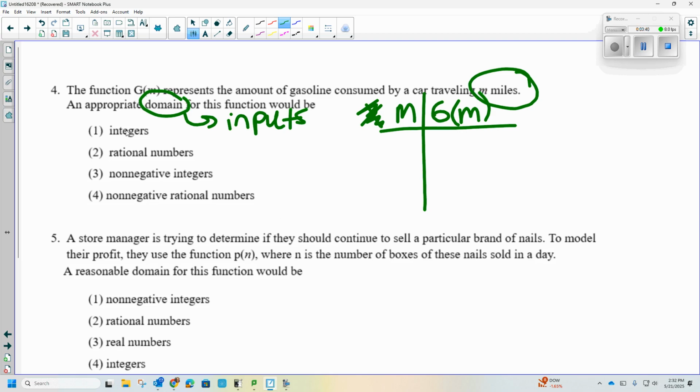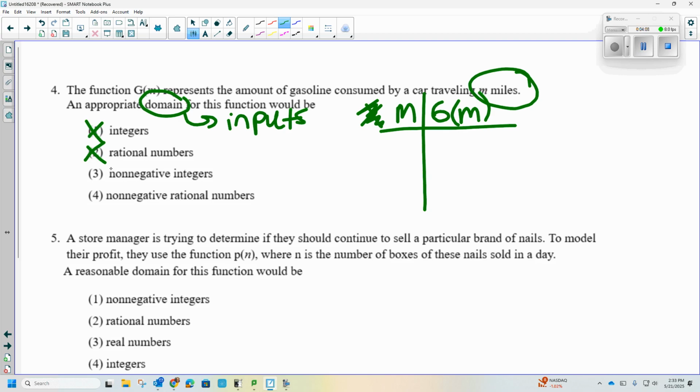Okay, well, first what I would start with is that integers and rational numbers both have negatives. And then you'll notice here both choices say non-negative. Well, if something is not negative, it must be positive, right? So we can automatically cross out 1 and 2 because you can't travel a negative number of miles.